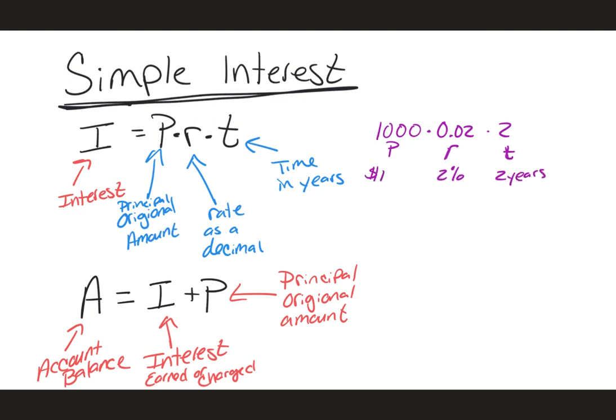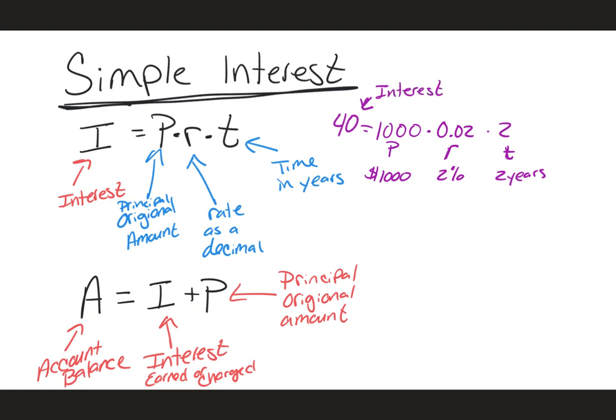I could put that into the calculator and find out how much interest I would earn in 2 years' time at 2% with $1,000 starting. So if I invested $1,000 for 2 years at 2%, I would earn $40 in interest.